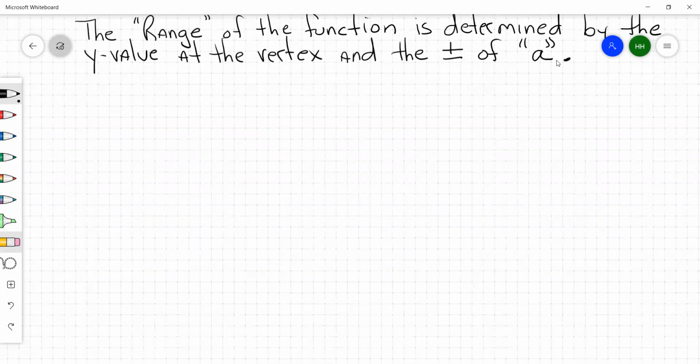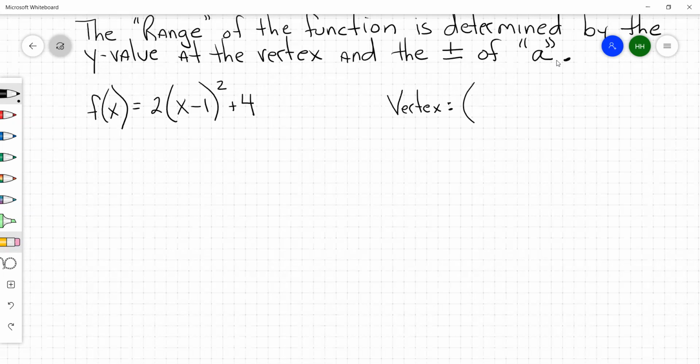So for this function, let's say that f(x) = 2(x - 1)^2 + 4. If we had to identify the vertex of this function, it would be located at (1, 4).